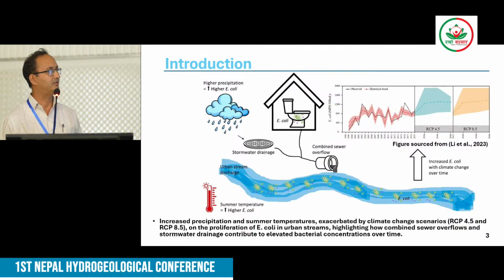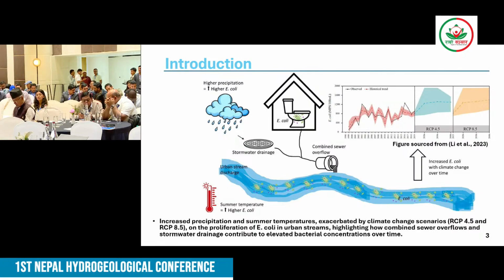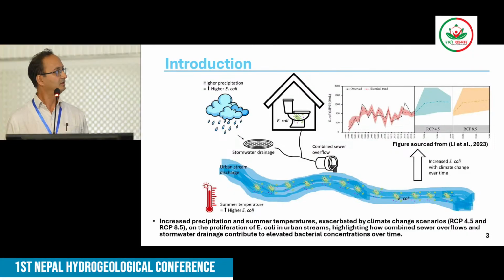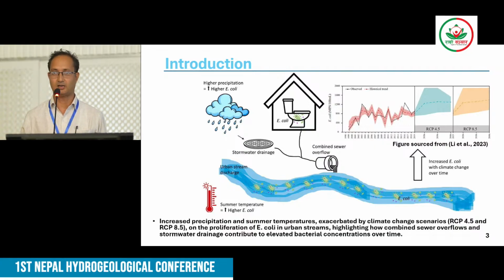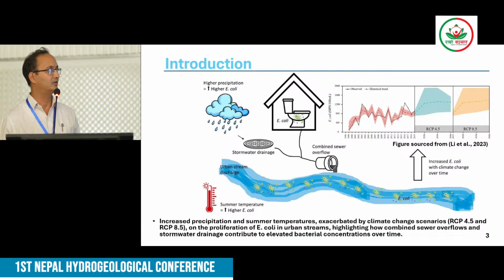For example, the increased discharge of wastewater and sewage will amplify the increase in microbial contamination, for example the fecal contamination. Because of the increased rainfall and the increased temperature, that will elevate the microbial contamination in various sources.